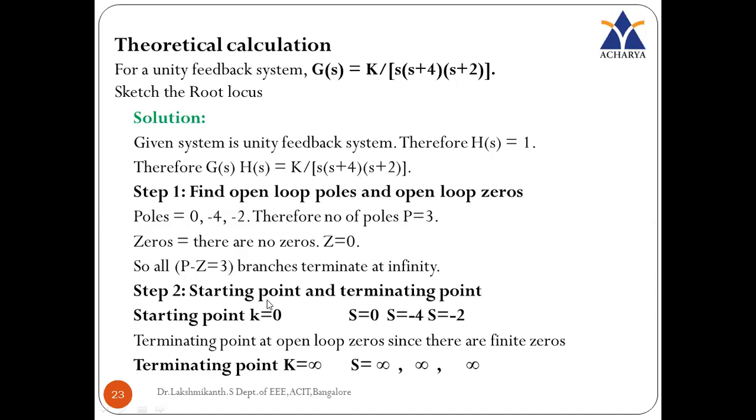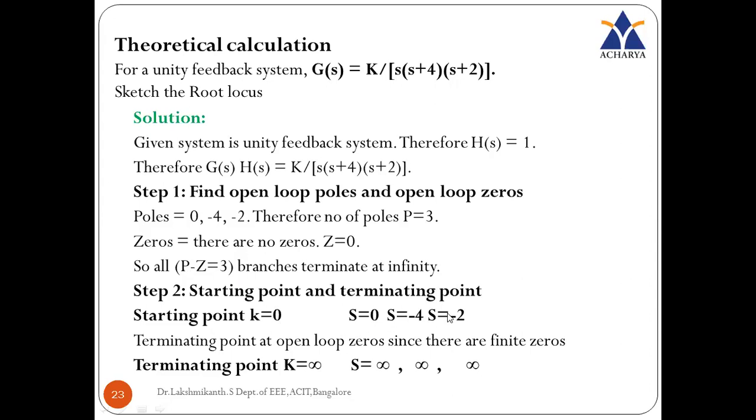Now where is the root locus starting and terminating? We all know that the root locus always starts or originates at the poles and terminates at infinity. So the starting points of my root locus, at system gain K equal to 0, are s equal to 0, minus 4 and minus 2.